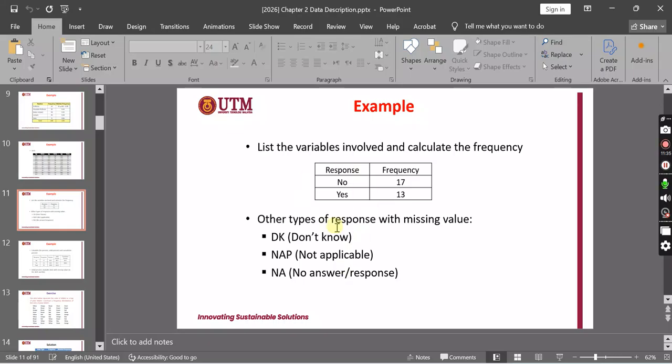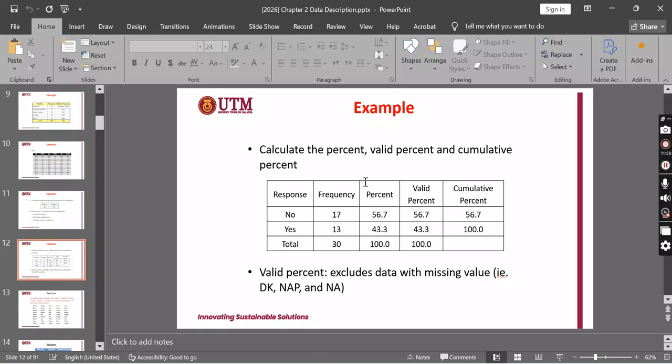But here we only take yes or no. For this example, how can you find the relative frequency? It's easy actually: 17 divided by 30, 13 divided by 30. This will be the relative frequency.